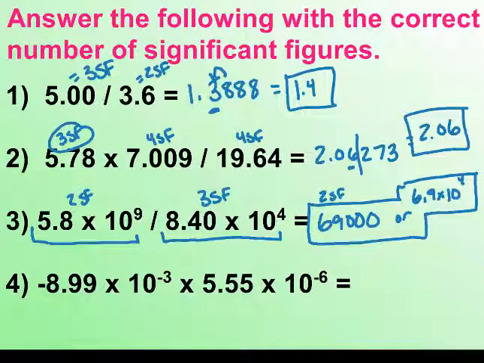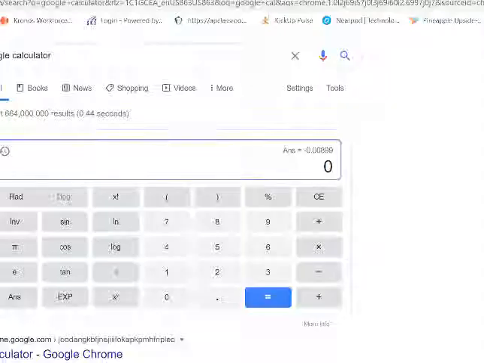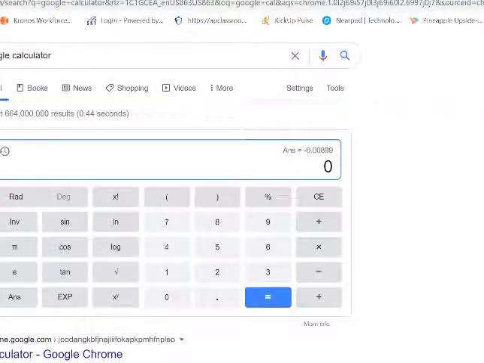Okay, and now let's look at the last problem. So this one had 3 sig figs. This one has 3 sig figs. So our answer we know is going to have 3 sig figs. Okay, so plugging this into the calculator, online we have negative 8.99 times 10 to the negative 3rd. So on our online calculator, it's a little basic. We're going to use the subtraction sign as our negative.